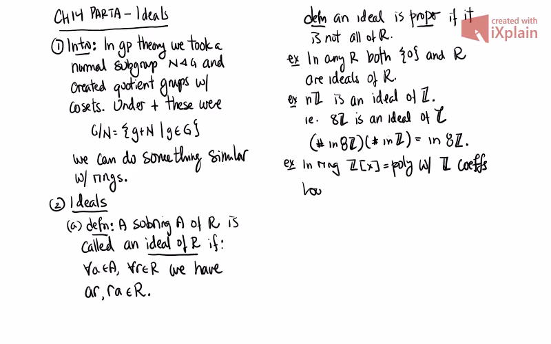Let's look at the set of all polynomials with integer coefficients and constant term 0. This is an ideal.